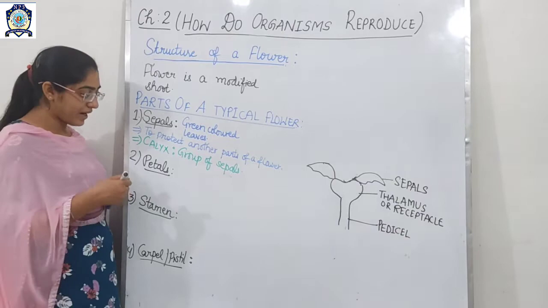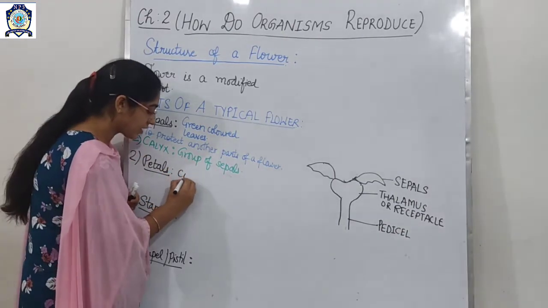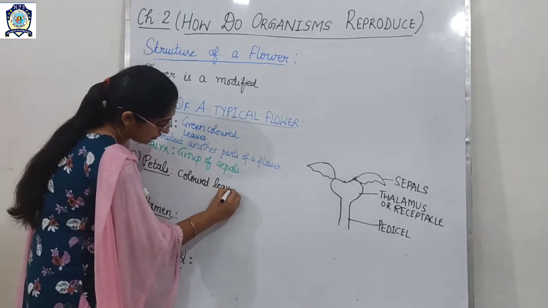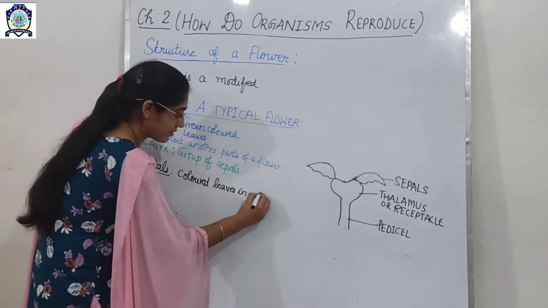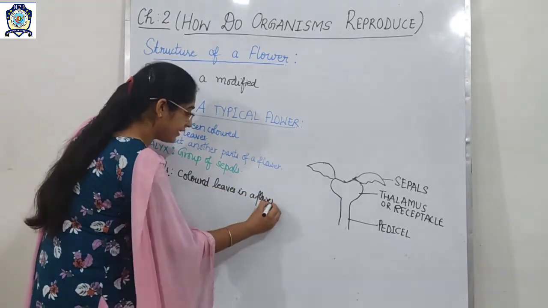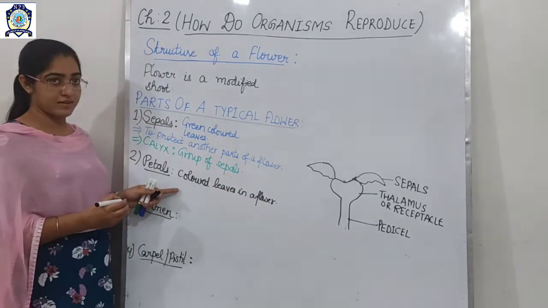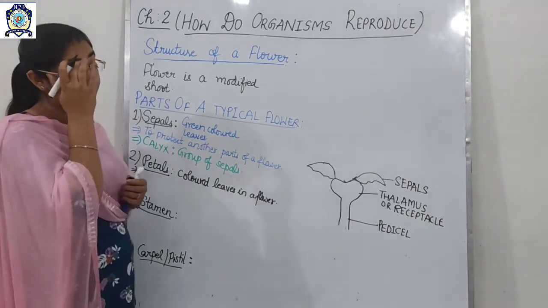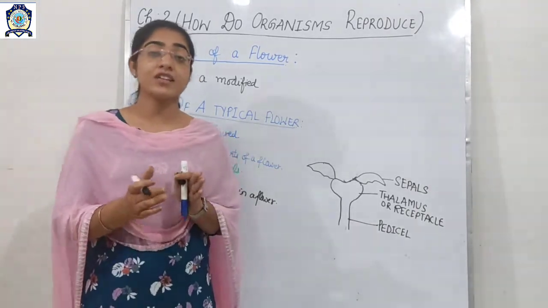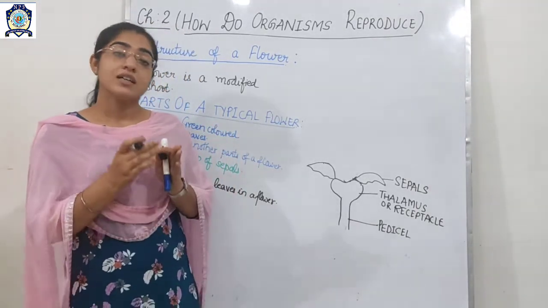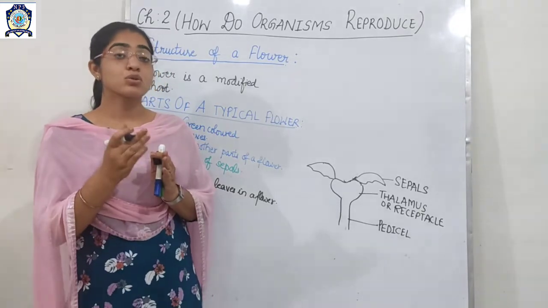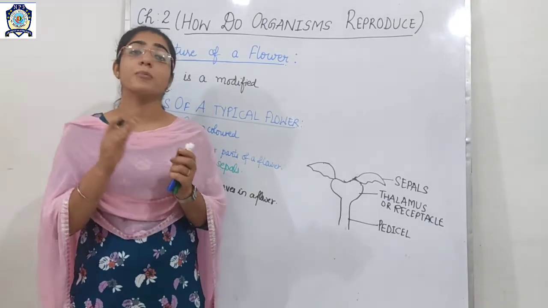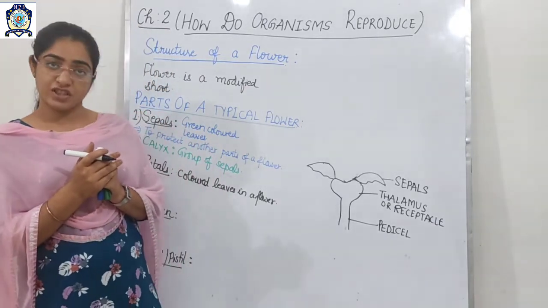So petals are colored leaves in a flower. And their function? If they are colored, what is their function? Their function is to attract insects or birds for the process of pollination.